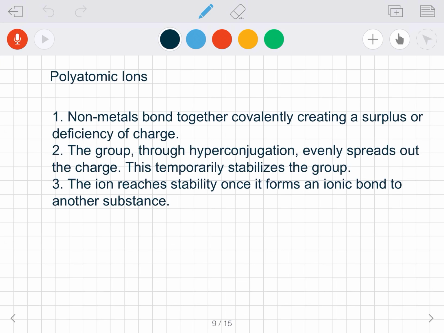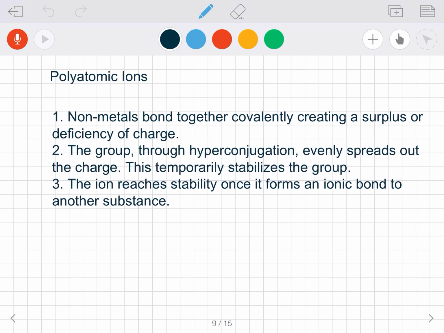Nonmetals bond together covalently. That's the mechanism. However, this covalent bonding creates a surplus or deficiency of charge. And the way we deal with that charge is through what's called hyperconjugation. Instead of having all of the surplus or deficiency in one area, we're going to spread it out equally throughout the whole entire polyatomic ion.